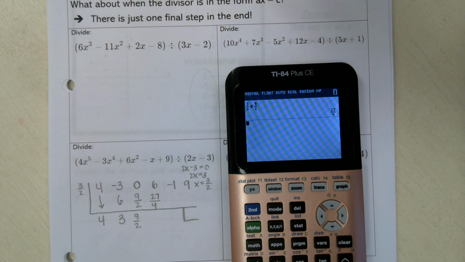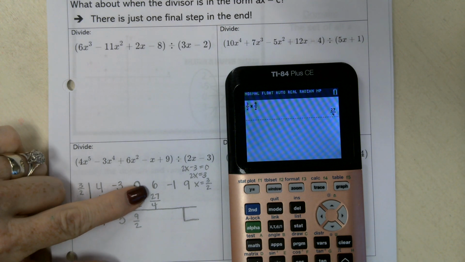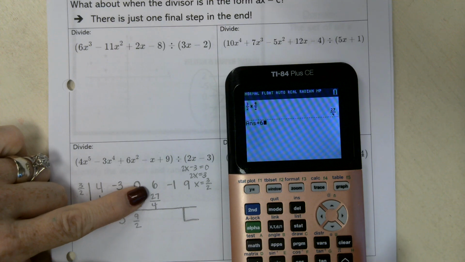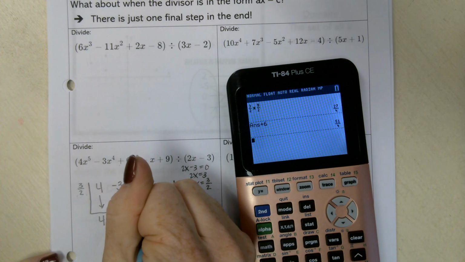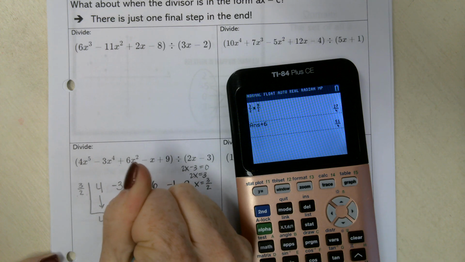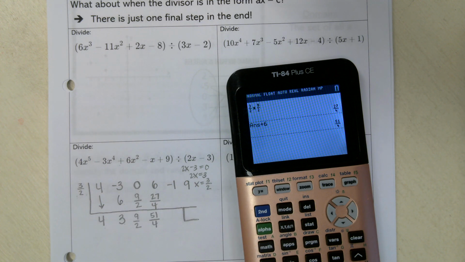Okay? And I'm adding 27 fourths and 6. That gives me 51 fourths. If you don't like the fractions, you can absolutely turn them to decimals, but I'm trying to leave everything alone for right now. Or would you prefer that I change it to a decimal? Fraction? Okay.